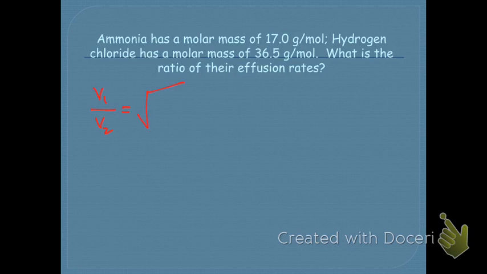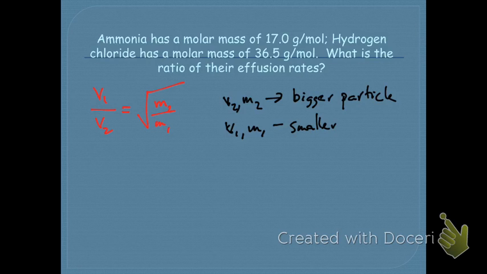Now, to make it easier for you, my suggestion is always make particle 2, V2 or M2, where M is the mass, the bigger particle. It'll help you. And then V1 and M1 will be the smaller particle. And I mean smaller by size or mass.